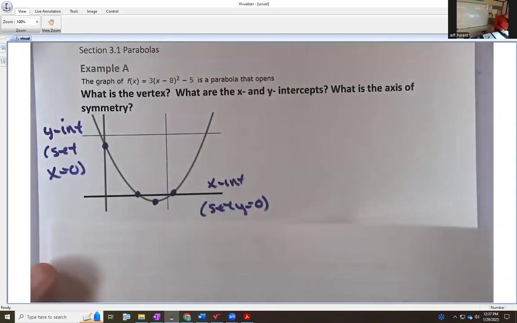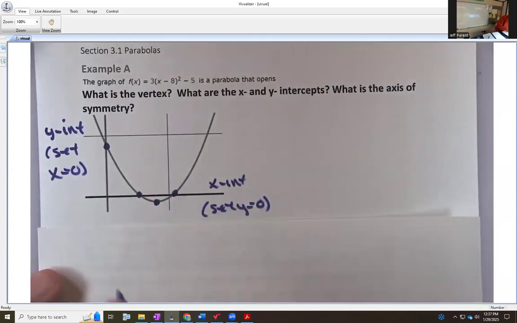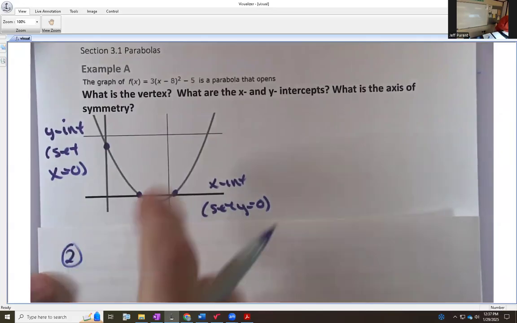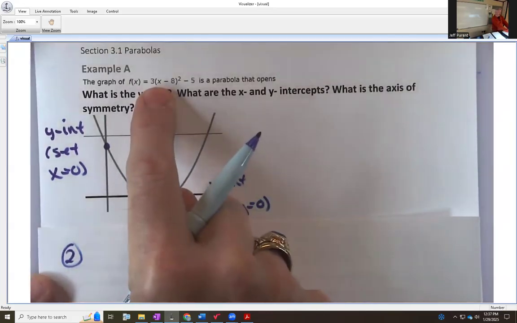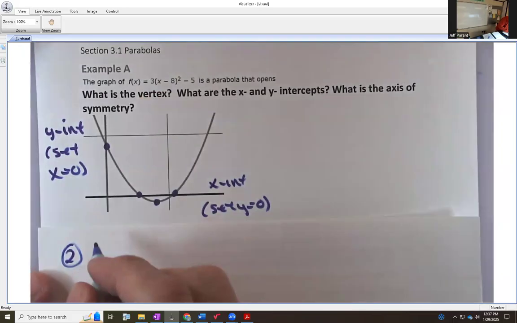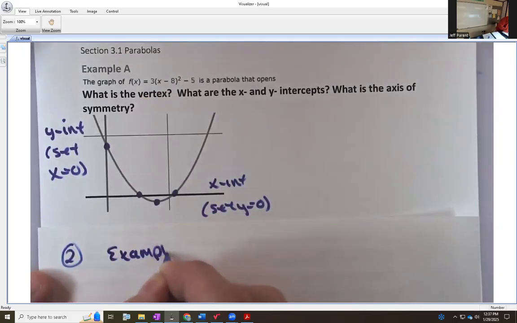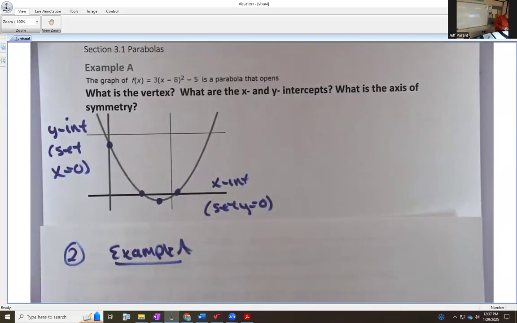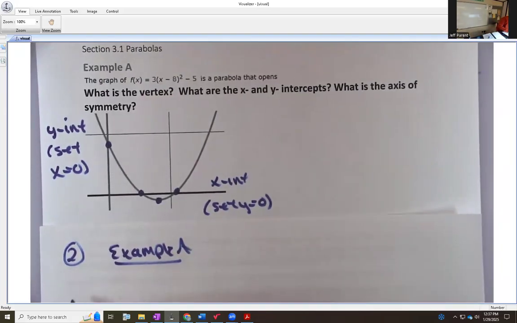Let's see if we can't find some of the important points here. This one's kind of a nice one to work with because it's already set up in what I call vertex form. So example A. Let's see here. We've got f of x equals 3 times x minus 8 squared minus 5.